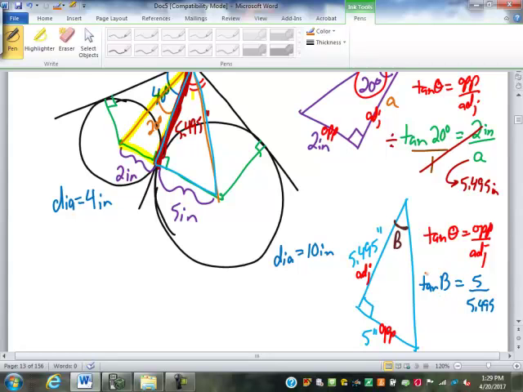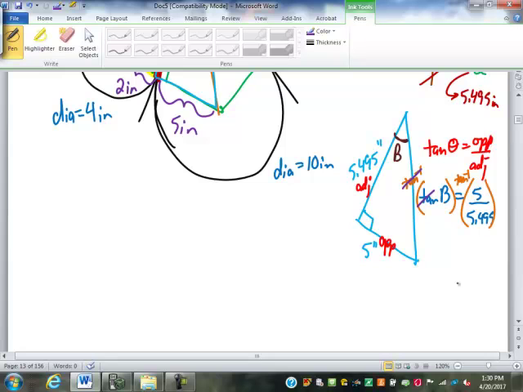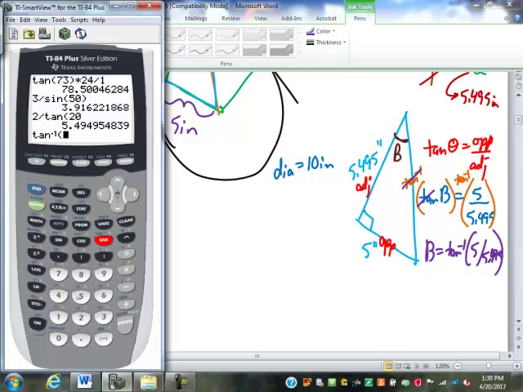What do we have to do? Do the inverse trig function. We will have to divide the 5 by 5.495, but we can do that inside the trig function. So the tangent and inverse tangent cancel out. B is the inverse tangent of 5 divided by 5.495. So second tangent, 5 divided by 5.495, close my parentheses, equals 42.2996 degrees.